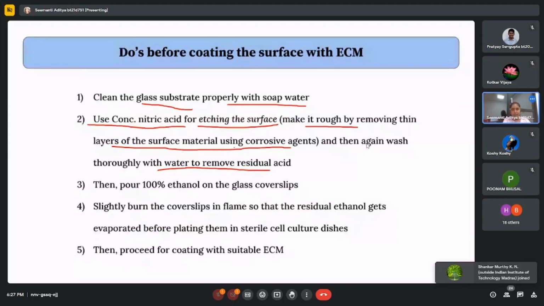So after washing with soap water and then etching the surface with nitric acid, we have to wash it again thoroughly with water so that we remove all the residual acid and the soap water. And then we have to pour 100% alcohol. Why do we pour 100% alcohol?